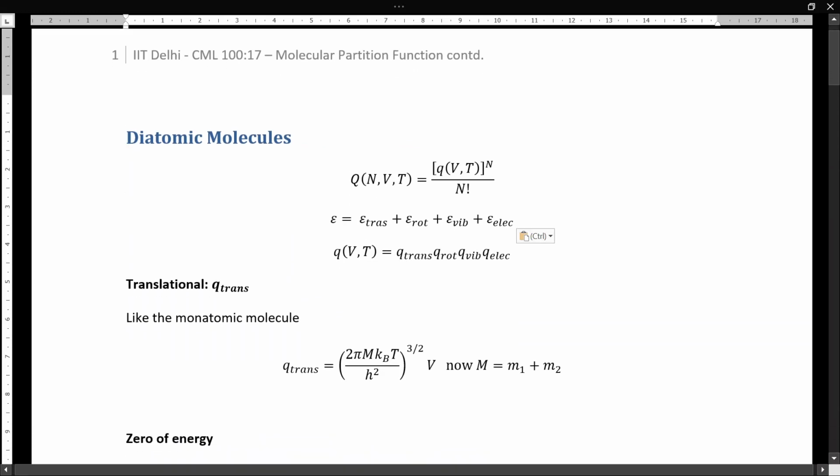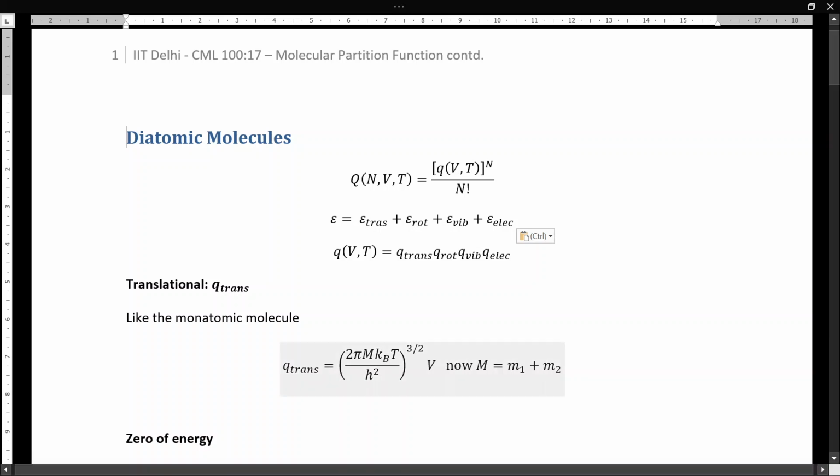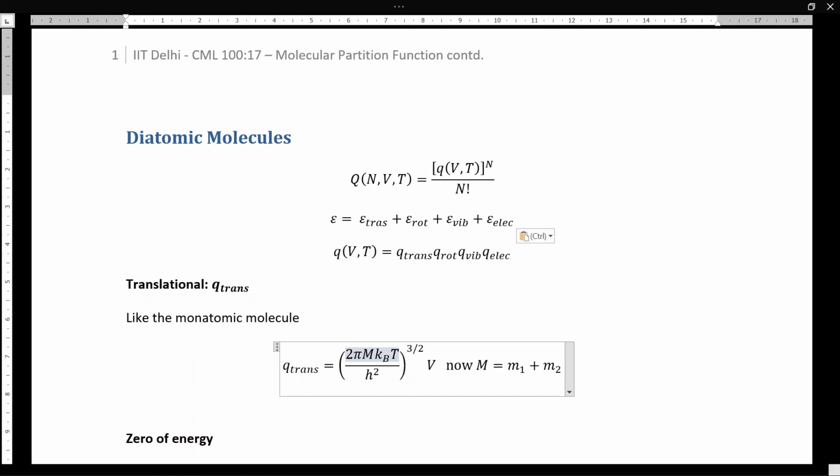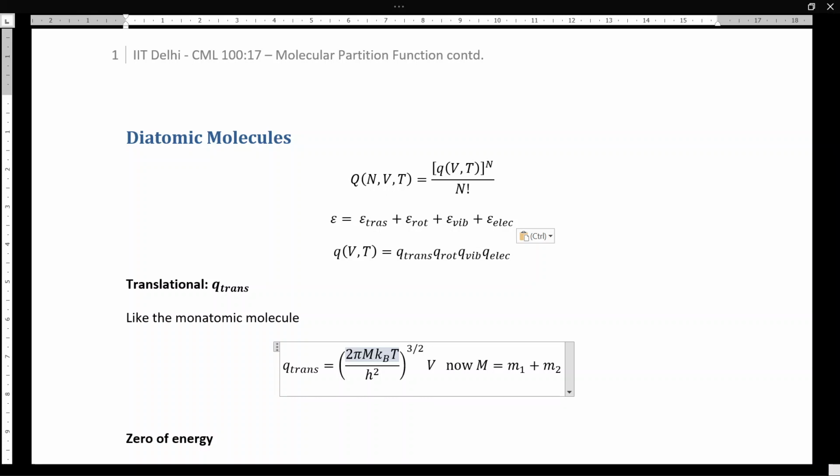The only difference that you'll see between the monoatomic molecule and the diatomic molecule is the introduction of capital M, which is the total mass of the molecule. So you could take both of these atoms and make them translate and see what the energies come out to be.